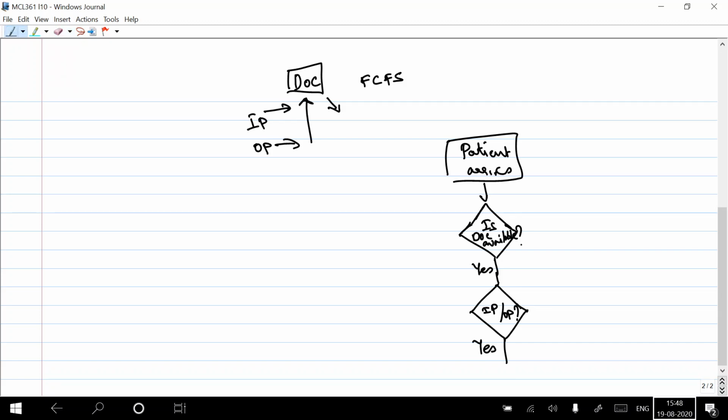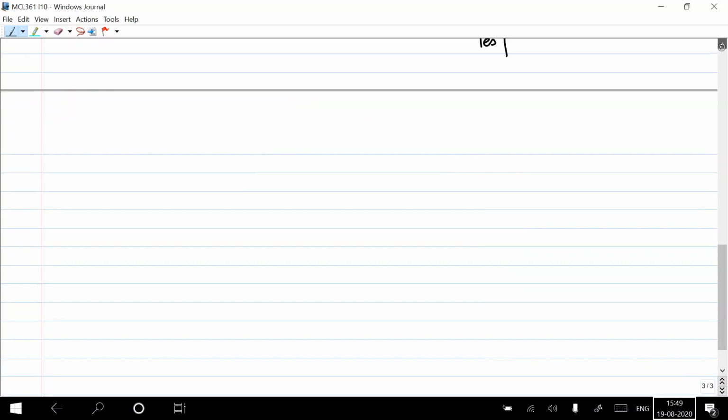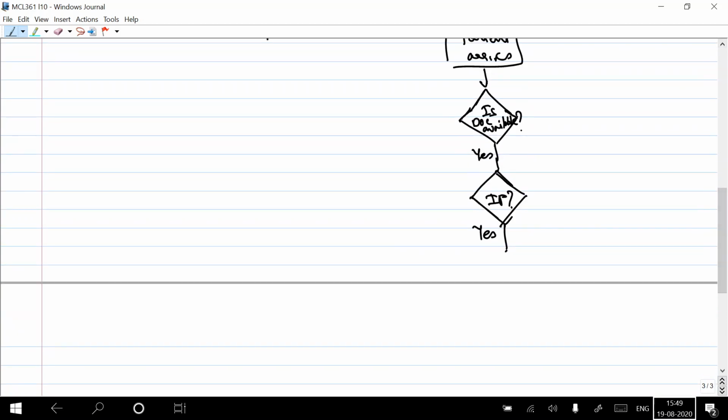All right. So let's say the question is inpatient. If the inpatient, then set your service time equal to, so lambda is equal to, let's say, lambda IP.